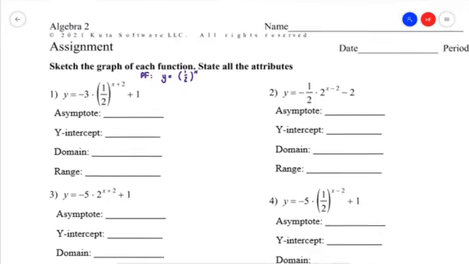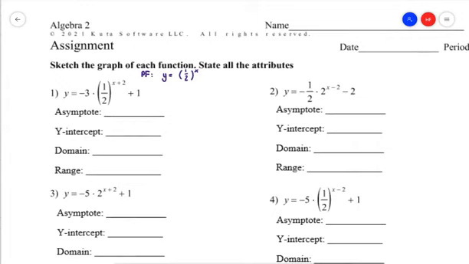So remember, if it is a fraction, that means we've got decay. If it is a whole number, we've got growth. So decay looks like that, growth looks like that.